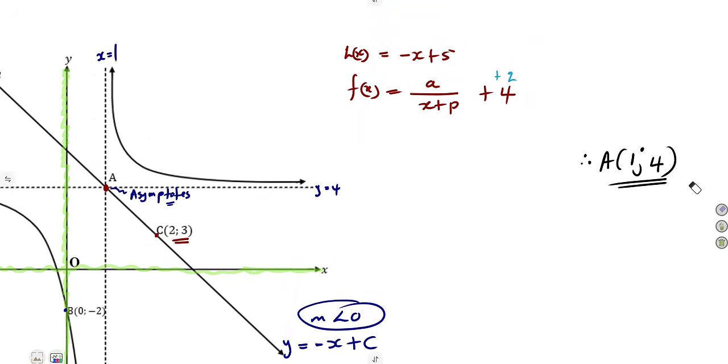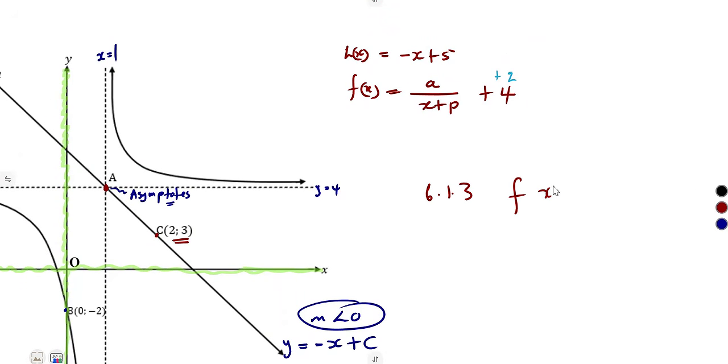So we can take advantage of that because here it was given before. So this is 6.13. It was given before as f(x) is equal to a over x plus p, plus 4. So since we have the part that represents the asymptote, x is equal to 1.